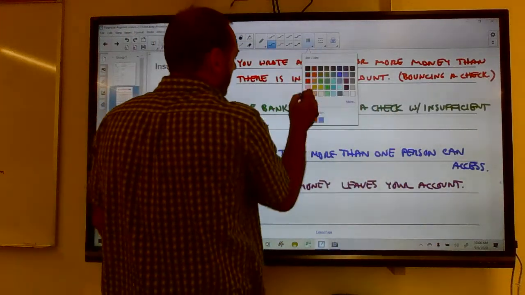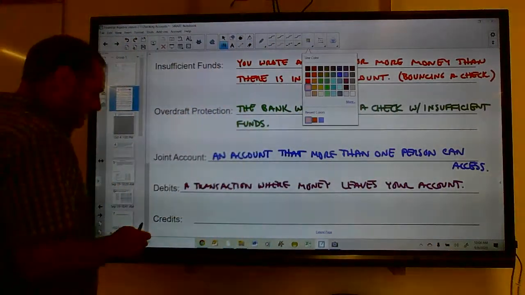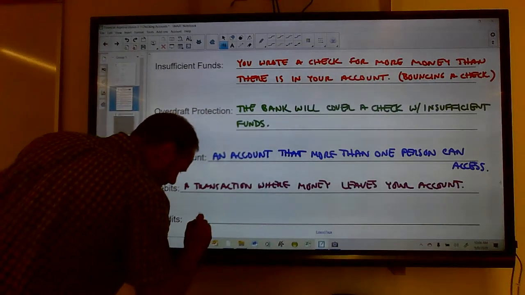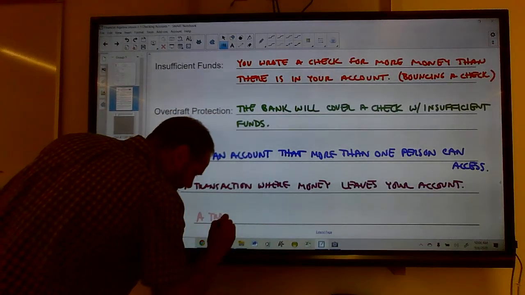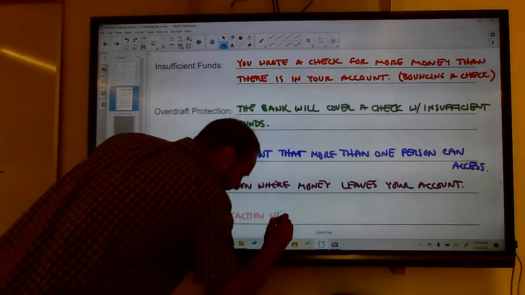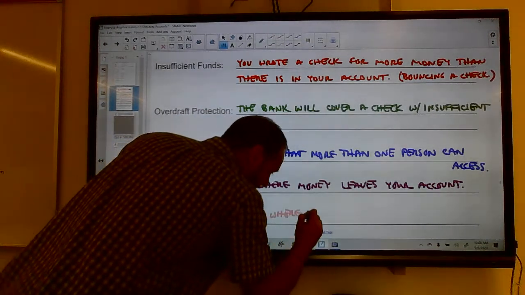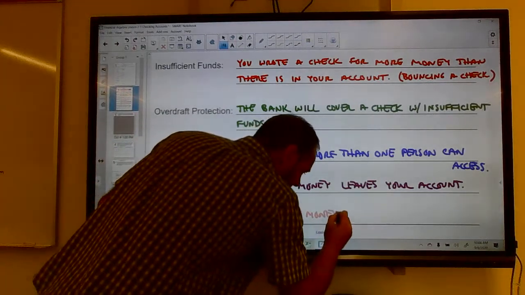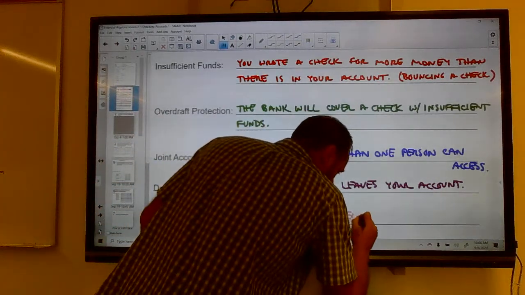And then credits are the opposite of that. A transaction where money enters the account.